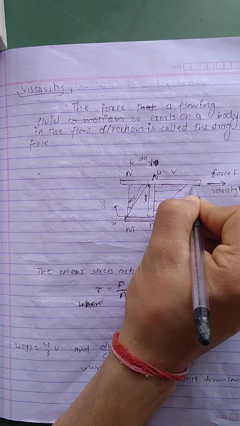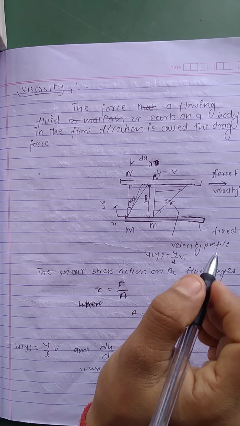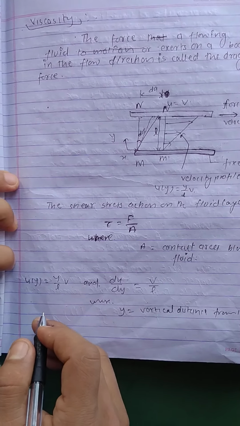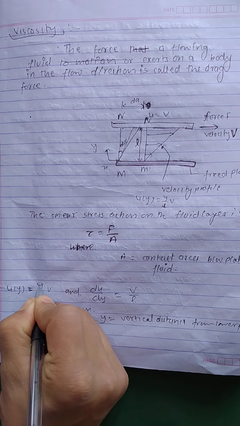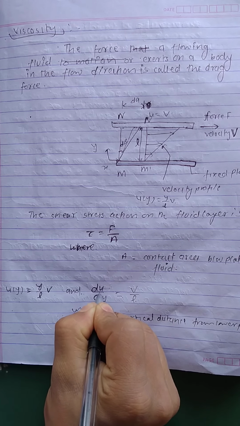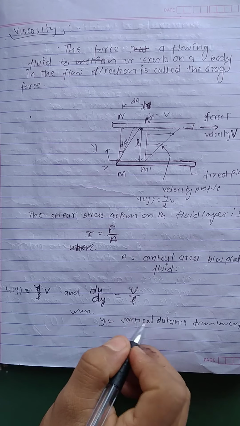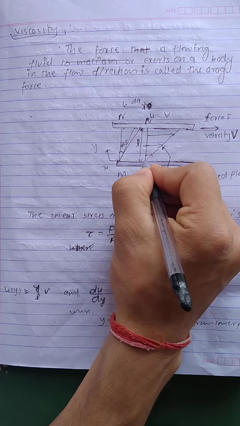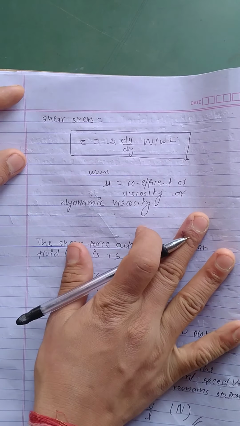So this is the velocity profile, and what is the velocity gradient for this profile? u(y) equals y by L into v, and if you take du by dy with respect to y, y with respect to y becomes 1, and this gives you v by L, where y is the vertical distance from the lower plate.